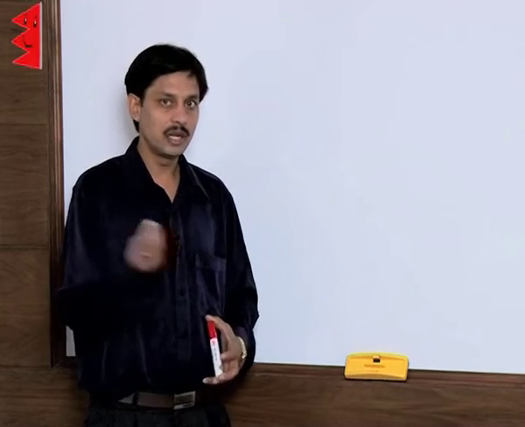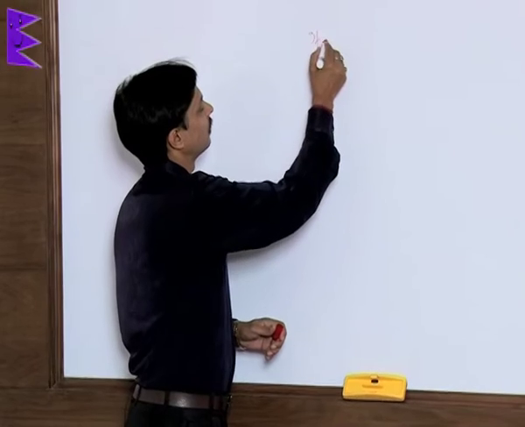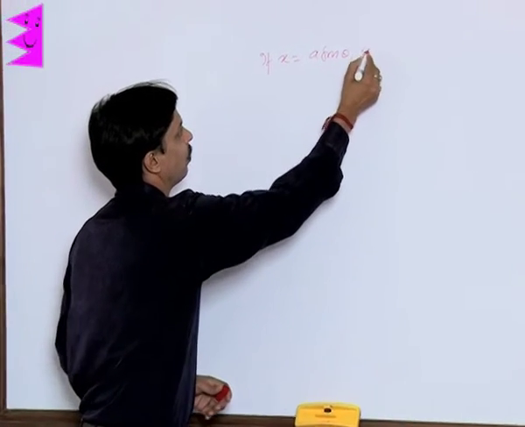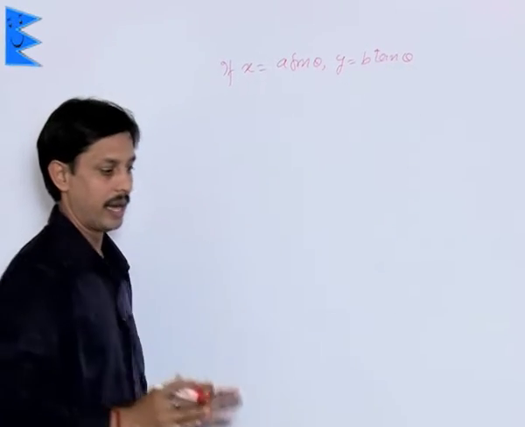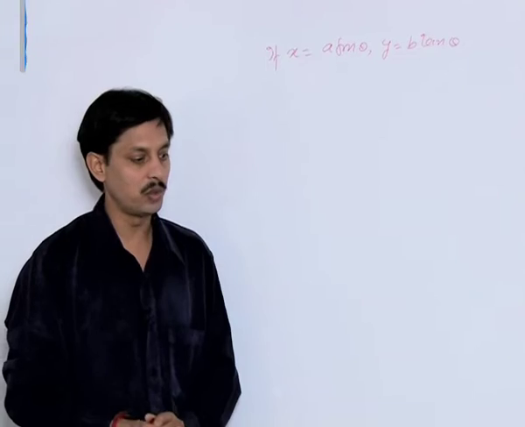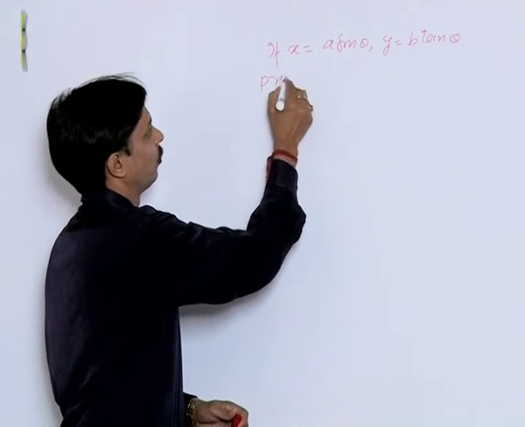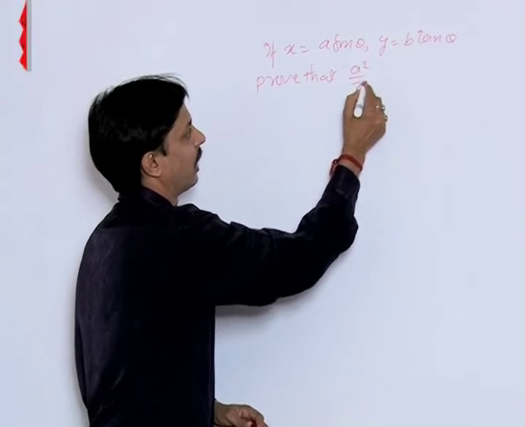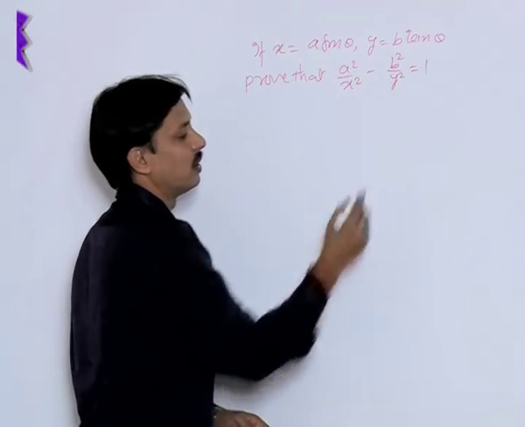Suppose we take an example, that is, if x is equal to a sin theta, y is equal to b tan theta. Prove that a square upon x square minus b square upon y square is equal to 1.